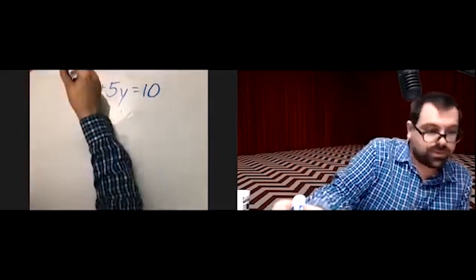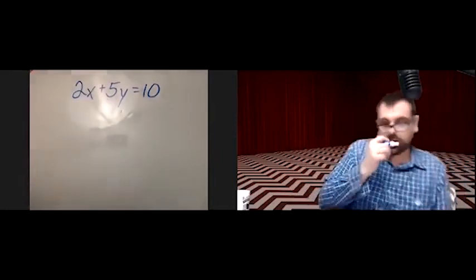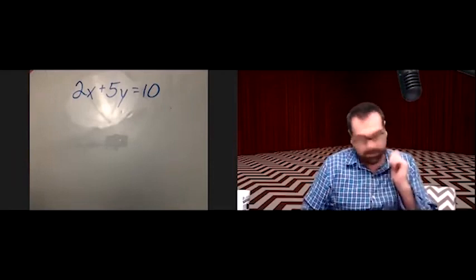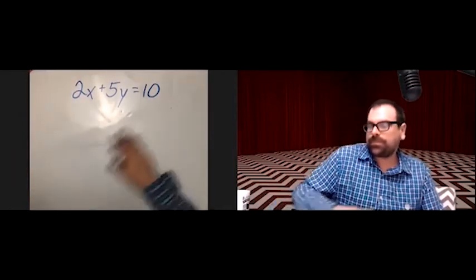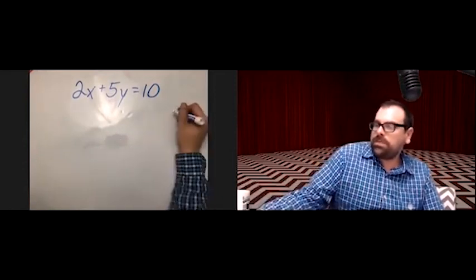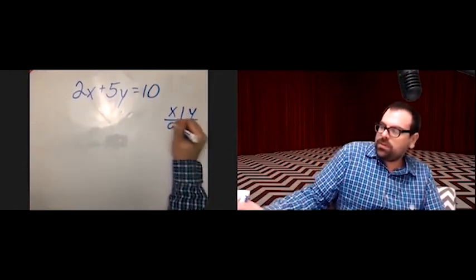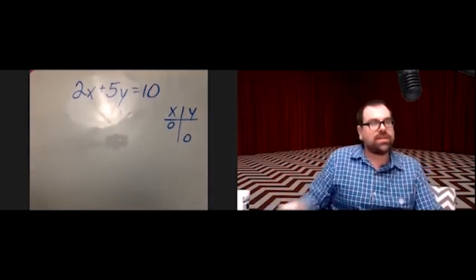I want to do 2x. 2x plus 5y equals 10. Let's plot using intercepts. So we want to find the 2 points.